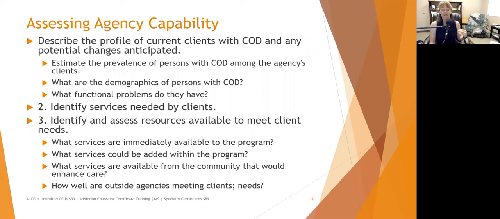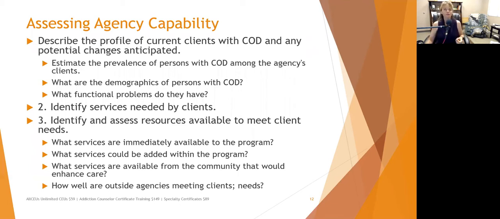For example, the agency I used to work at, we got a contract to work with the VA. So we opened an entire program just for veterans. Well, that changed the makeup of our clients with co-occurring disorders. When we opened the methadone clinic and we had people who were on medication-assisted therapy, that changed the profile of the clients we were working with.